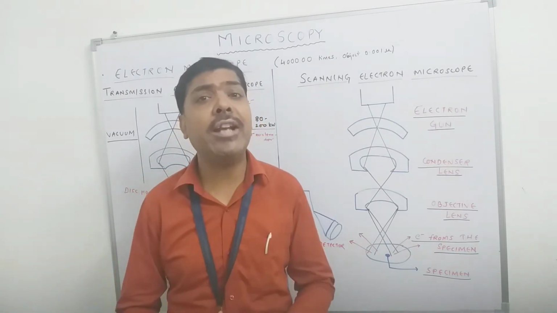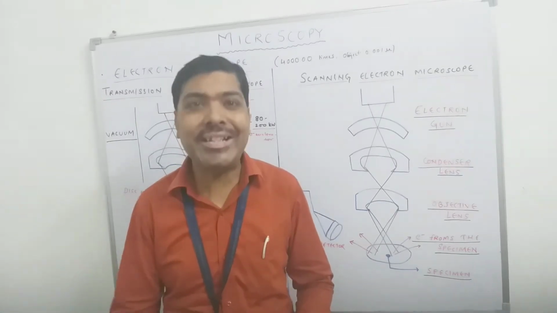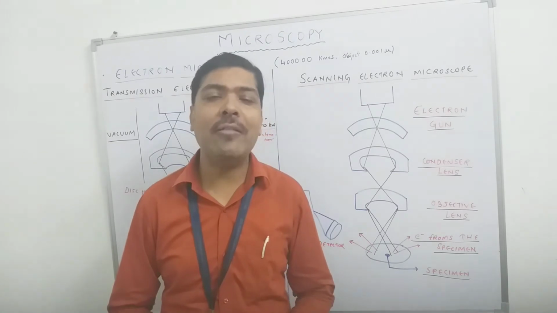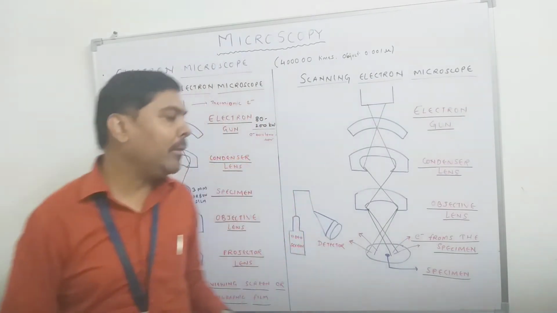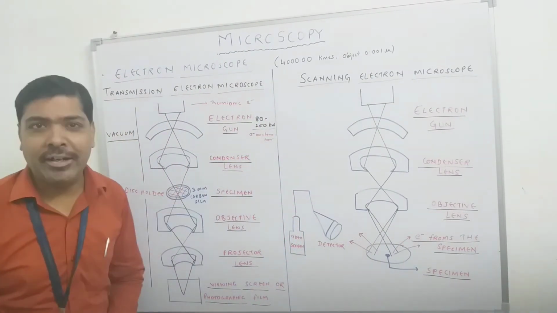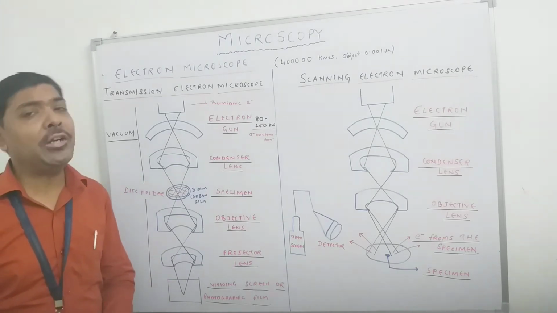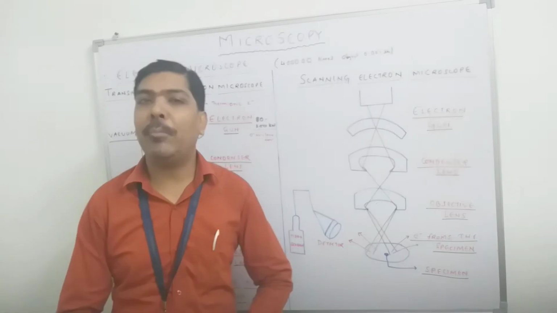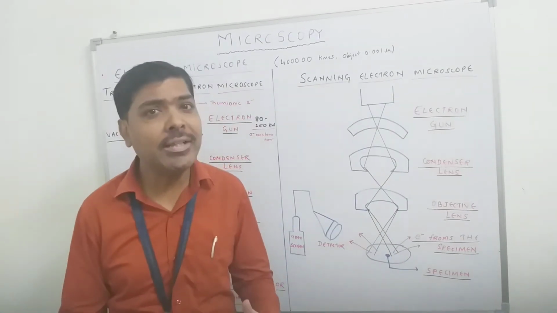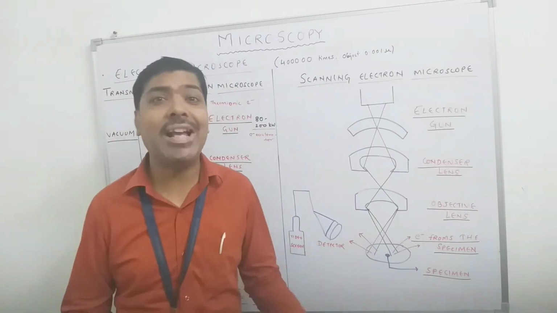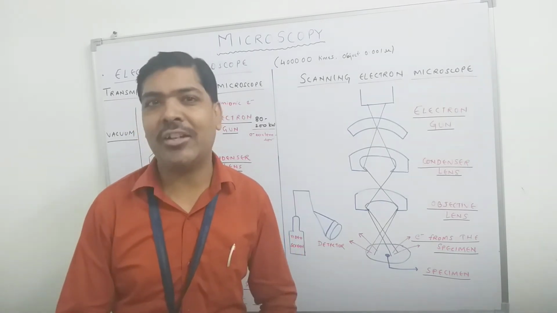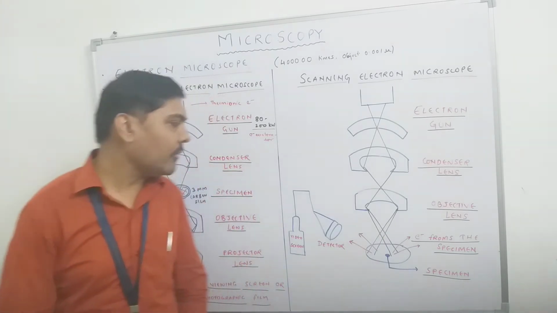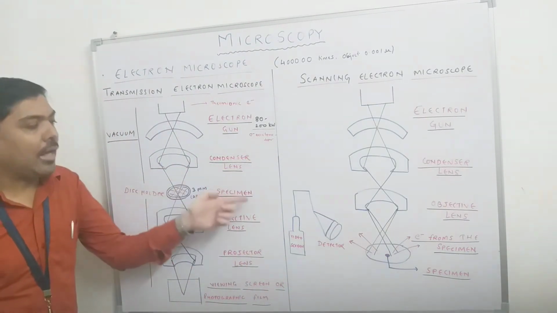Now with the help of a diamond cutter, we can slice the tissue or the given sample in order to generate a very thin sample that can be placed in the specimen site. So before putting any sample into the specimen holder, the important thing is first preparation. Preparation means we have to slice the sample into such a thin section that it can be easily visualized under the microscope. So this is about the specimen.